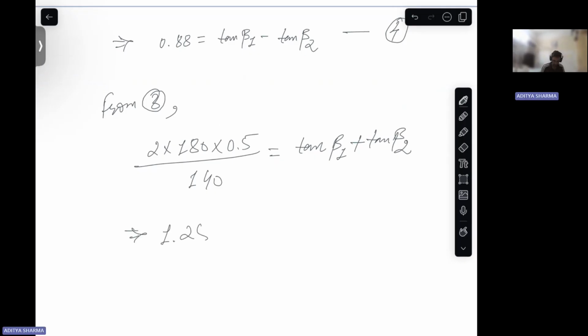This implies 1.28 is equal to tan beta 1 plus tan beta 2. So this is the fifth.